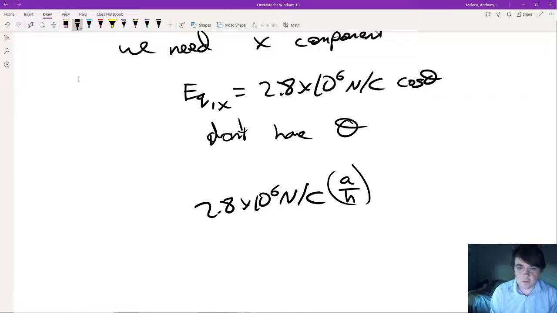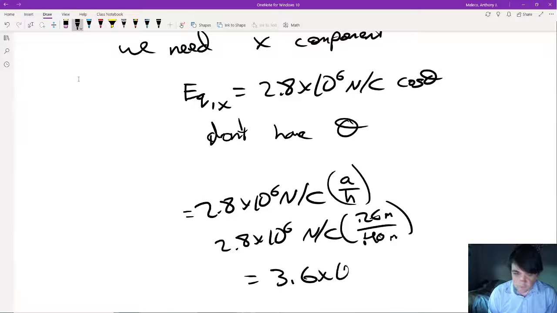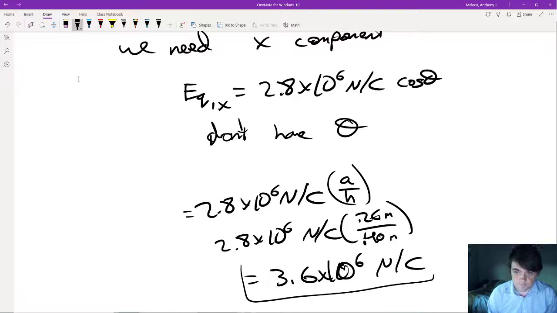And so this equals 26 centimeters over 40 centimeters, or you could do 0.26 and 0.4 if you want them in meters. It doesn't matter because the units cancel. And this equals 1.8 times 10 to the 6 newtons per coulomb.